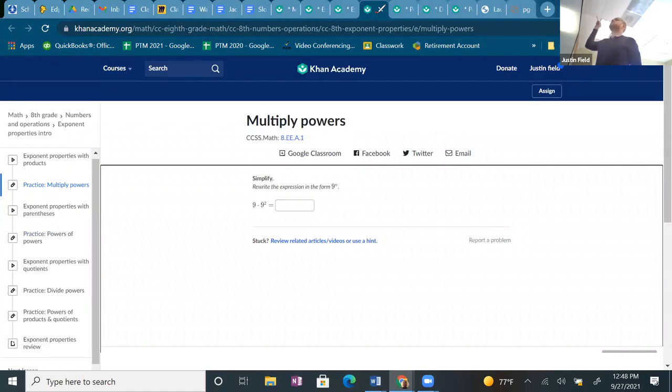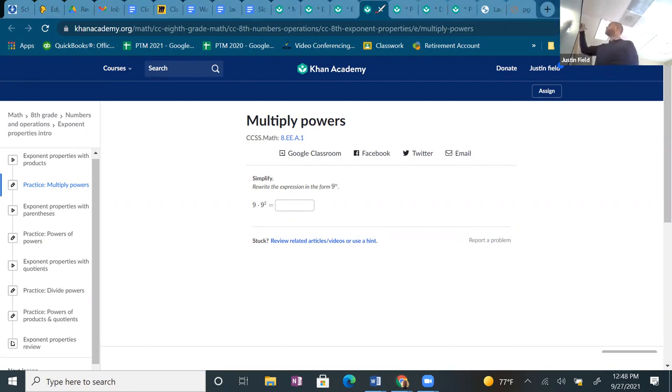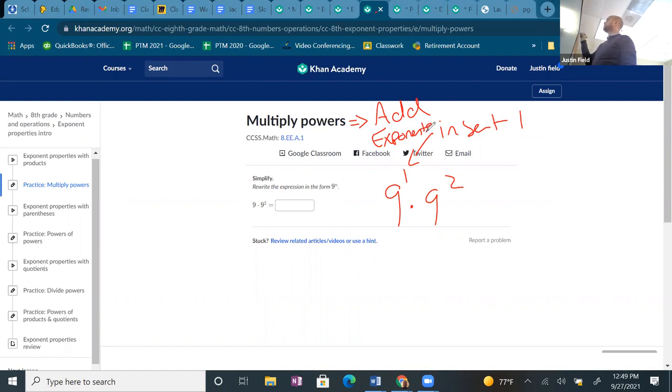Let's move forward. All right, now exponents. Rule number 1 of exponents: if you don't see an exponent, it's 1. So here we have 9 times 9 squared. What is that exponent right there? It's 1, so I'm going to put a 1 there. When we multiply powers, that means to add the exponents, if the bases are the same.